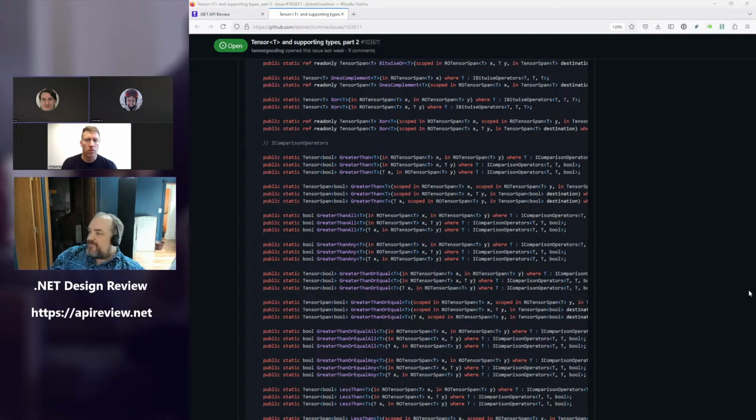Yeah, the way we implement this internally is we basically have a bunch of interfaces, IUnaryOperation, IBinaryOperation, and we have some helpers called InvokeSpanIntoSpan and such, and they take basically the functional interface as part of a constrained generic.